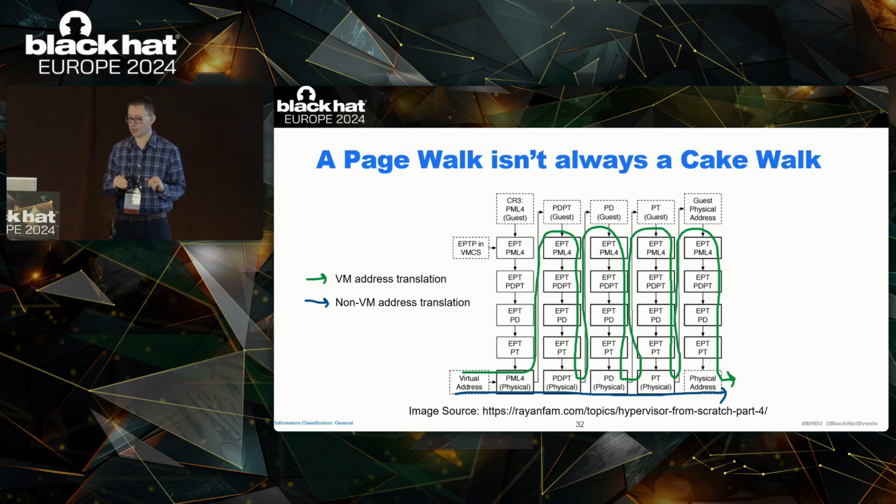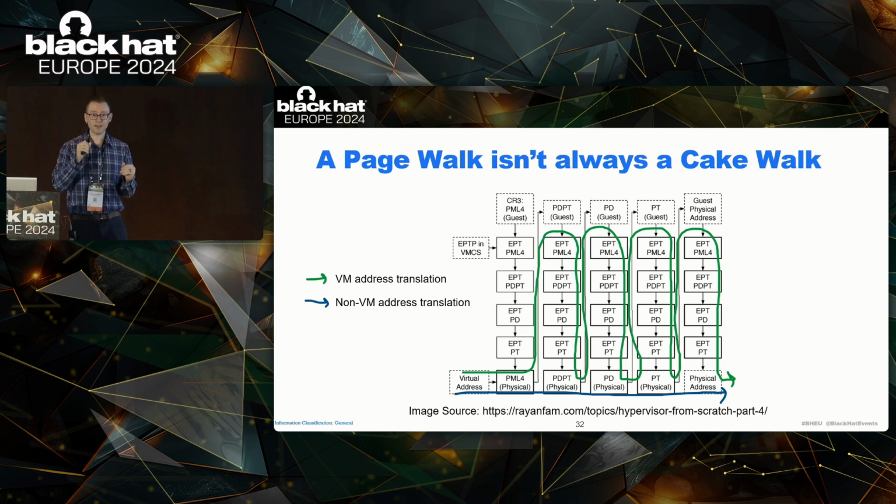You walk through usually 4 levels of page tables to get from a virtual address to a physical address. But if you're executing inside of a VM, the square of that number of operations has to occur because each level of the page table hierarchy must itself be translated from a guest address to a physical address.